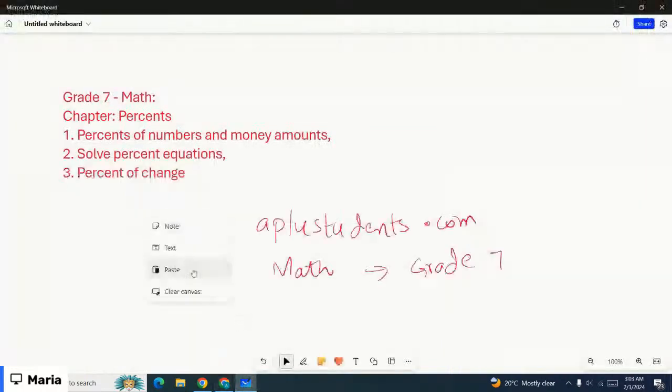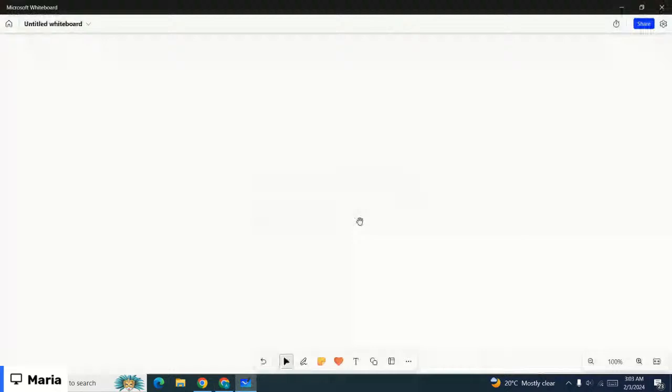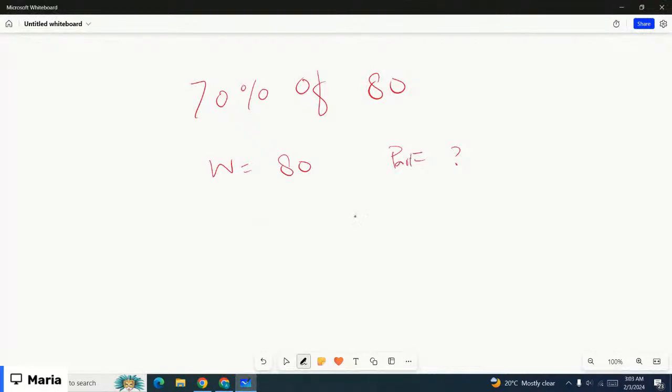How do we calculate? 80 is the whole. You have to calculate the part of 80. What part? 70%.